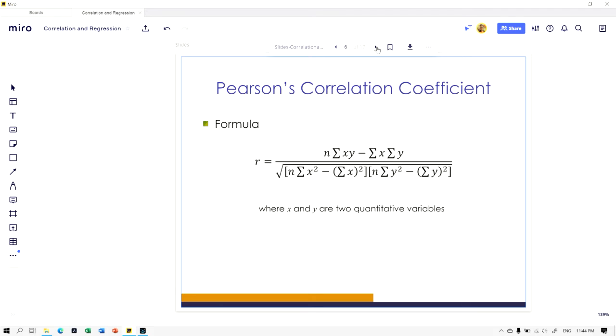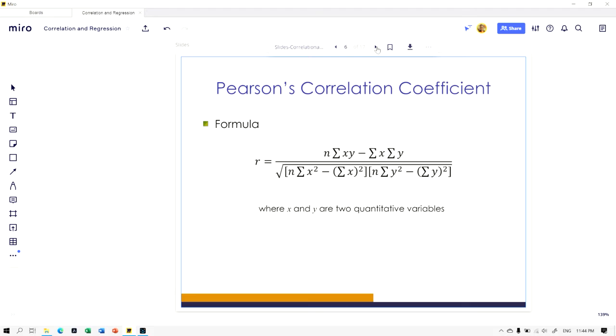Here, the formula to compute R is given. It looks complicated, but the calculation is not difficult, which I will show you.